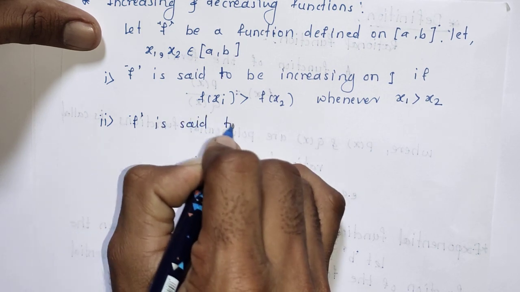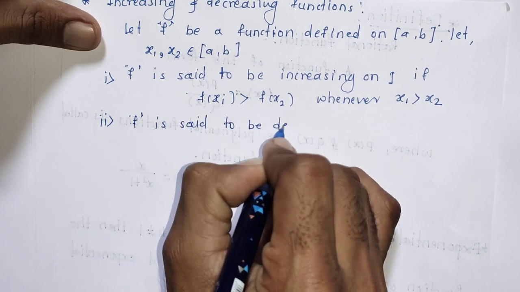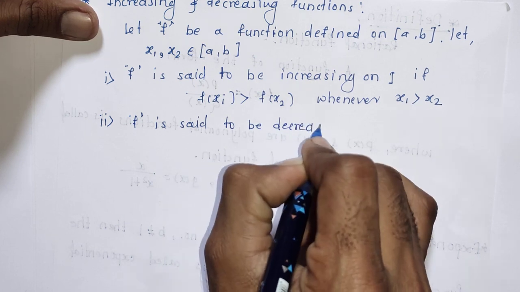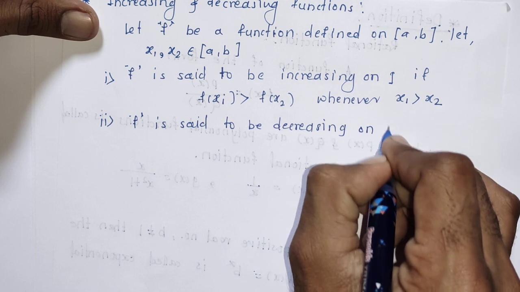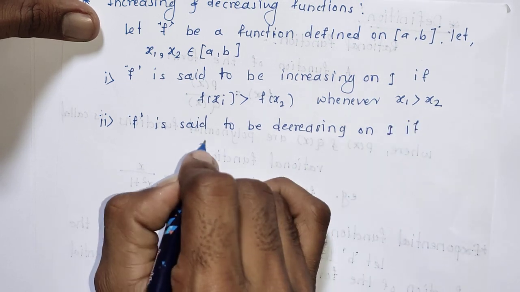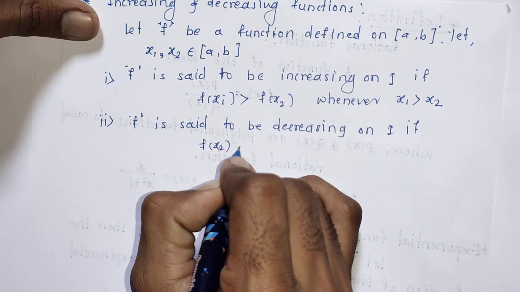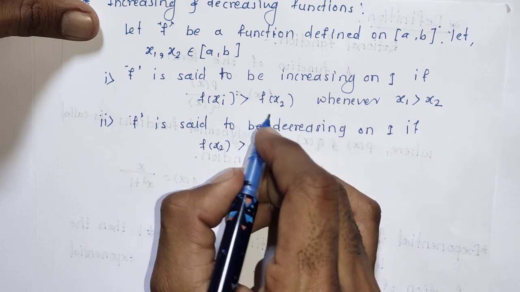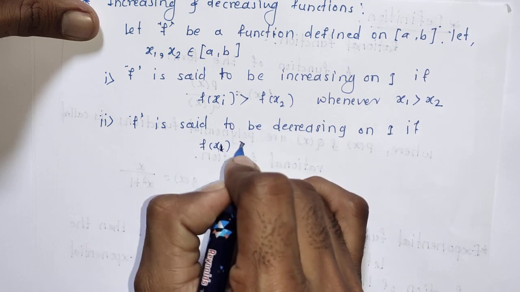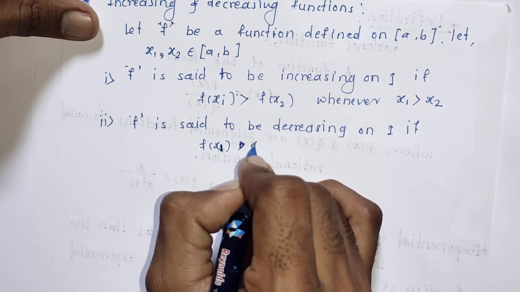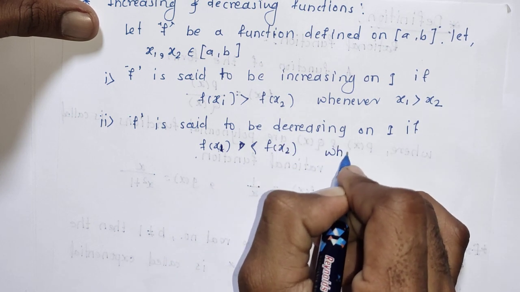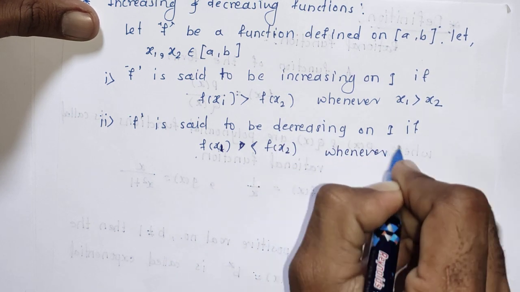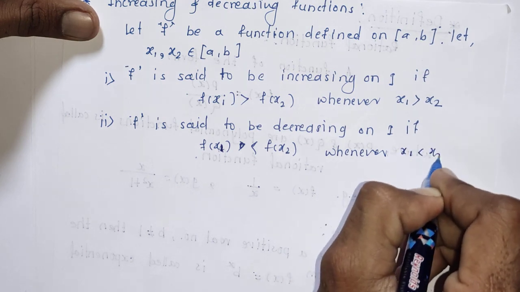F is said to be decreasing on I if f of x1 is less than f of x2 whenever x1 is less than x2.